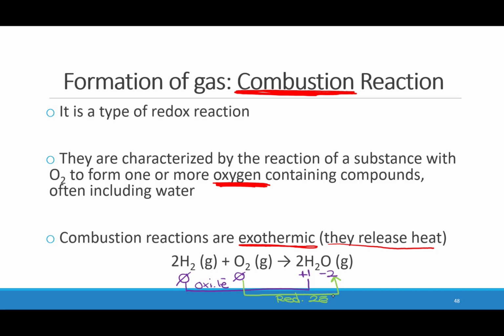Okay, then whenever we have a combustion reaction, they are all redox reactions. And combustion reaction, do you need oxygen as one of the reactants? Basically, combustion means burning.